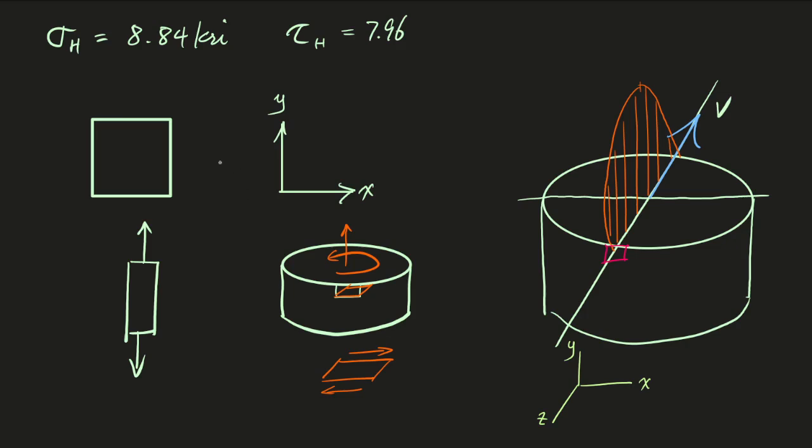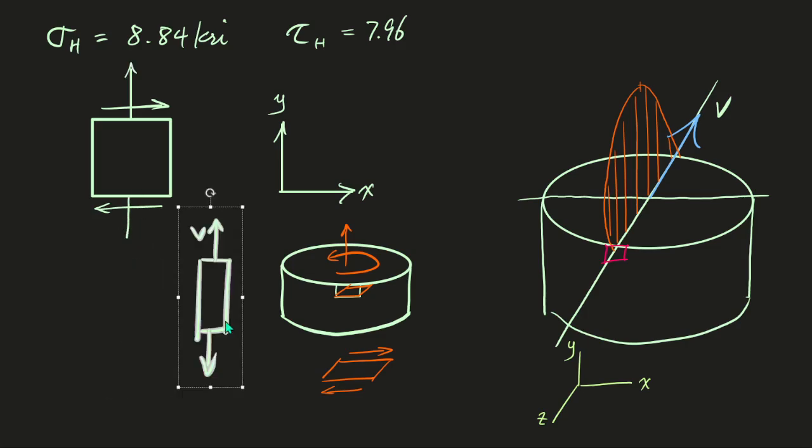So I will draw my shear in these directions. And in the same way, I'm going to draw my tensile stress in that direction. And lastly, because this thing is in static equilibrium, you have to balance the forces by drawing the complementary vectors so it stays that way.